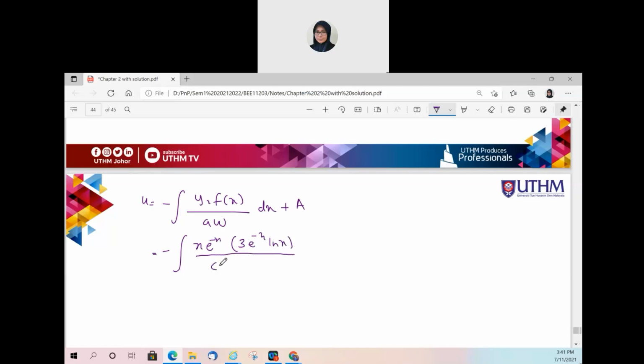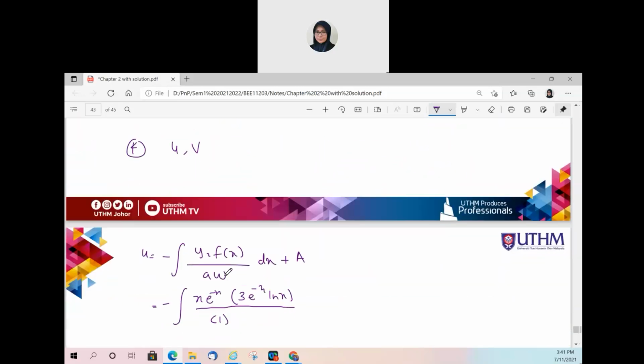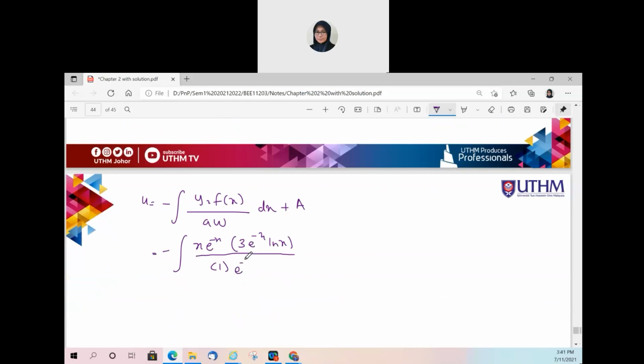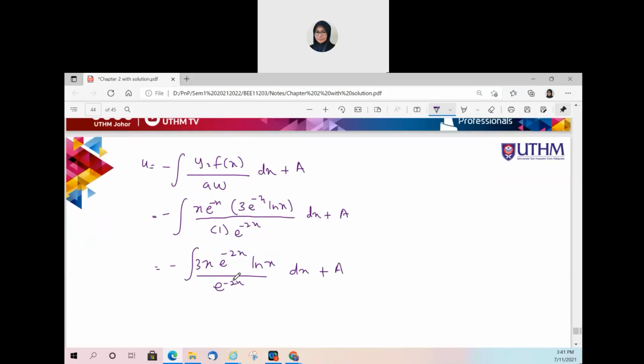A is 1 times w. What is w? W is exponent minus 2x. Okay, dx plus a equals to minus integrate x times 3 exponent minus x ln x divided by exponent minus 2x dx plus a. Okay, so this one cancel. Now you have minus 3x ln x dx plus a.